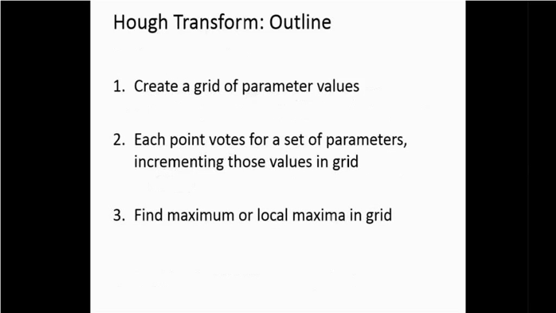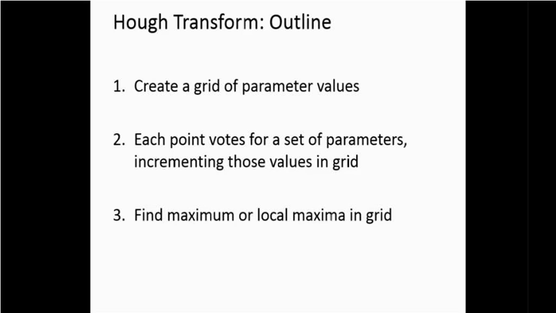So the first method that I'll describe is the Hough transform. This is interesting because it inverts the problem. Instead of asking what is the model that agrees with all of my set of points, you take each point and ask what are all the models that agree with this point, and then which models are in common among many of these points?